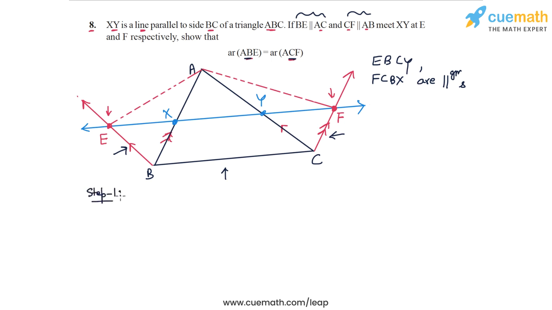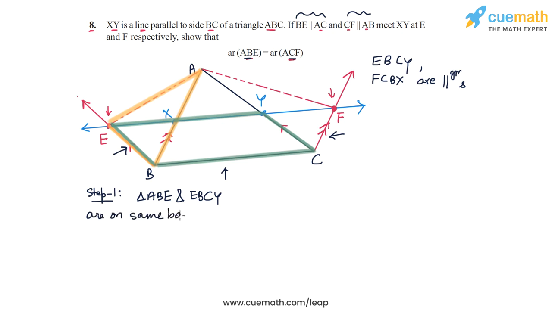we said that we are going to compare the areas of triangle ABE and the parallelogram EBCY, and we can see that these figures are on the same base EB. So let's write this. So triangle ABE and the parallelogram EBCY, they are on the same base.